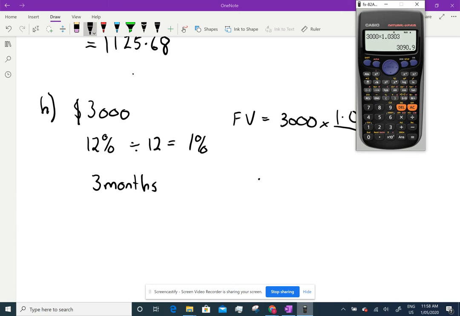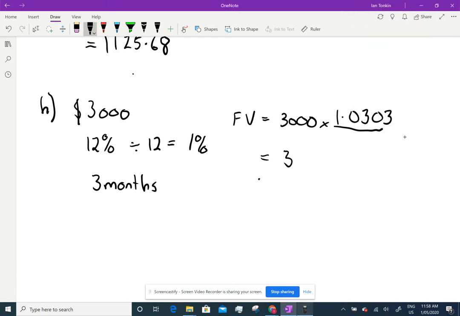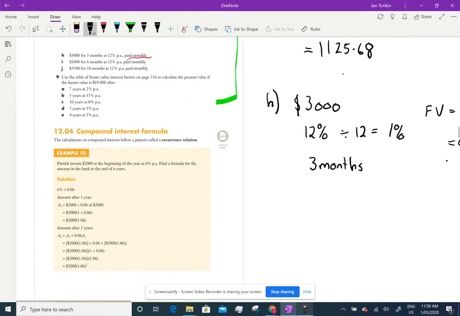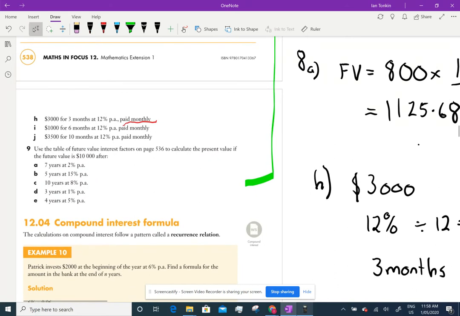And that's the correct answer: 3090.9. So you need to be careful when they're monthly. All these percentages will change because those percentages are per annum and you are calculating per month.